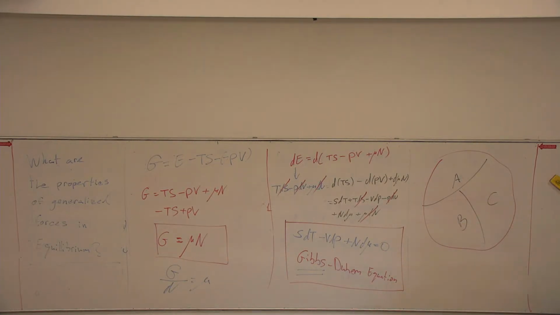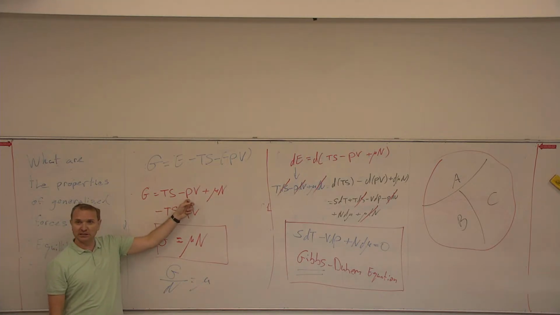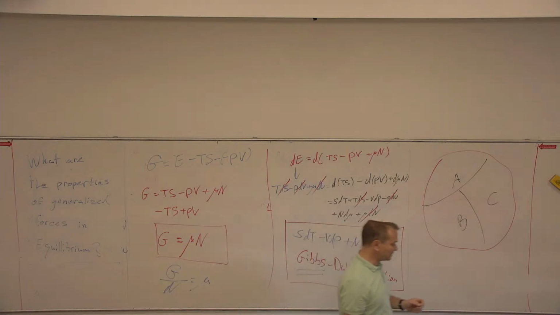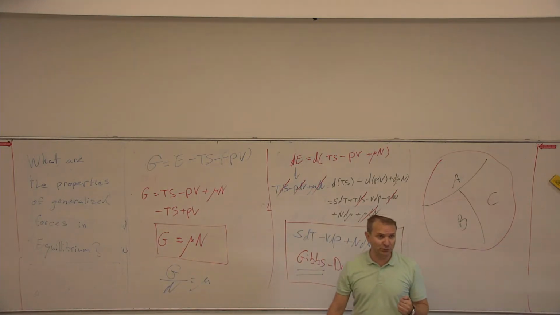Okay. Now, I want to ask the following question. I have generalized forces. What are my generalized forces? Temperature is a generalized force. Pressure is a generalized force. Chemical potential is a generalized force. Some other specific magnetic momentum, or average magnetic momentum, can be a generalized force.